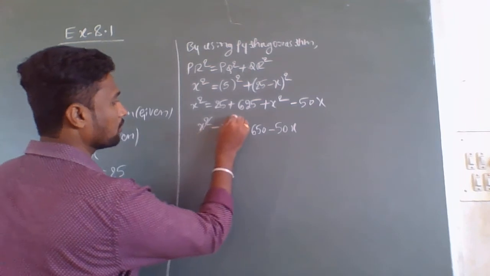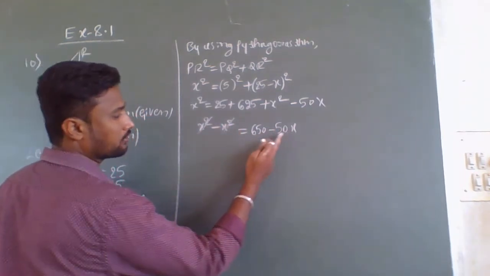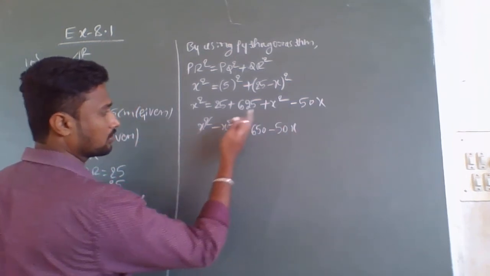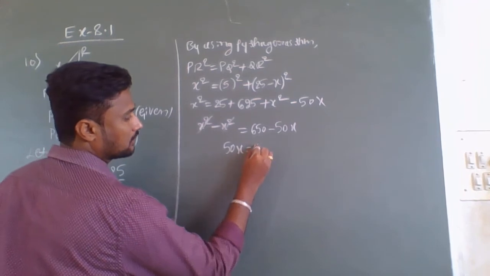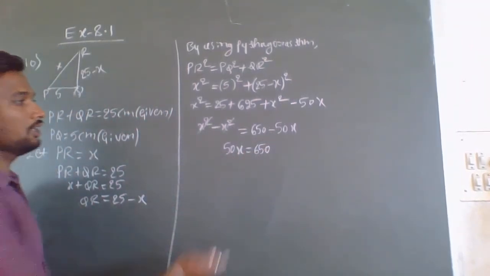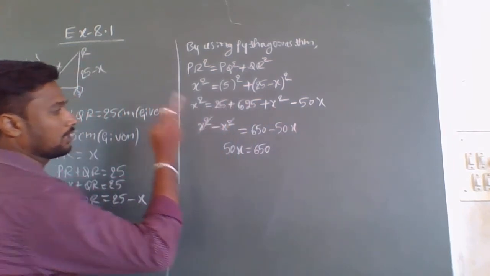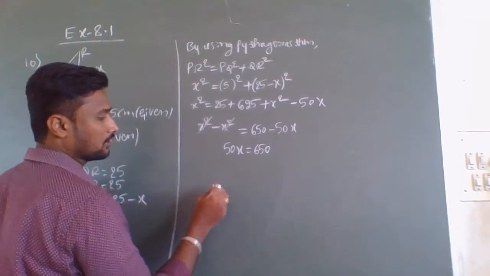Here x square minus x square means 0. Now to get the x value, I will take this minus 50x to the left hand side. So it becomes plus 50x equals 650.